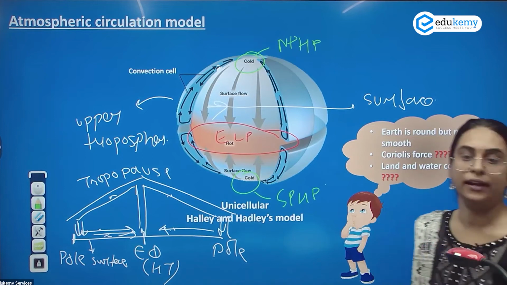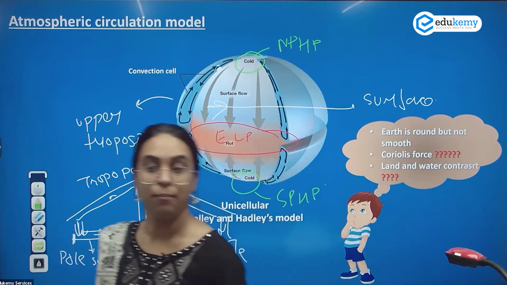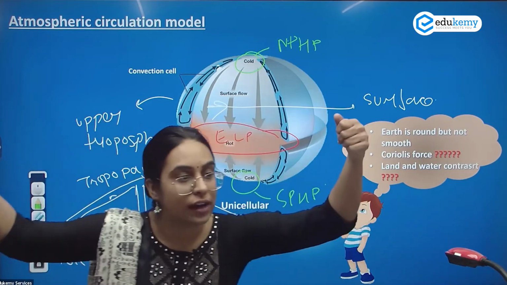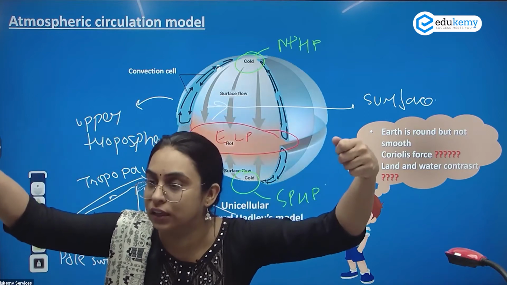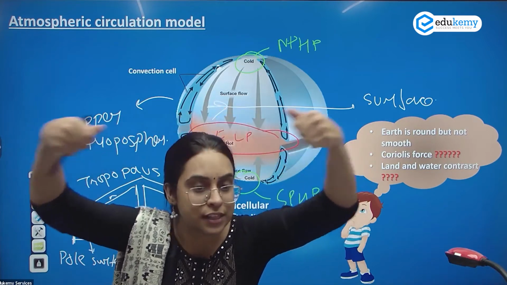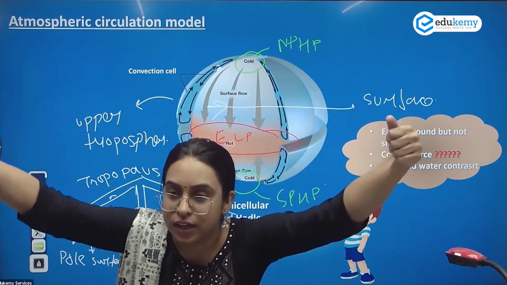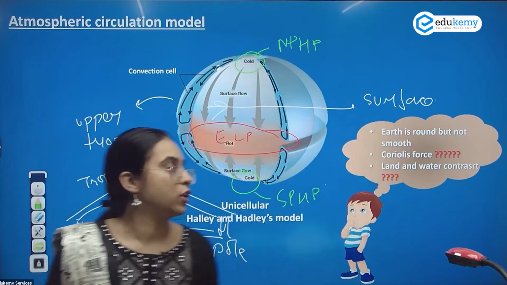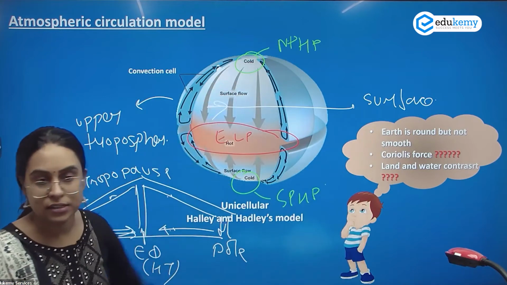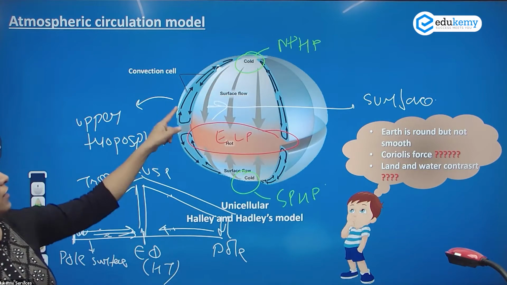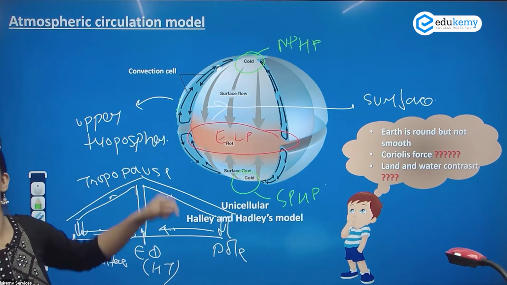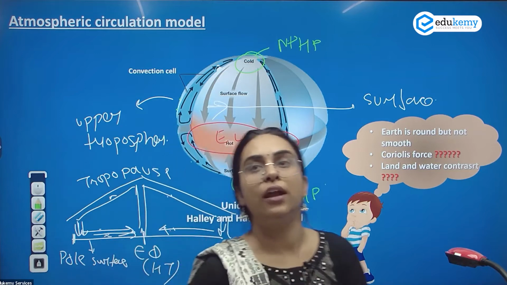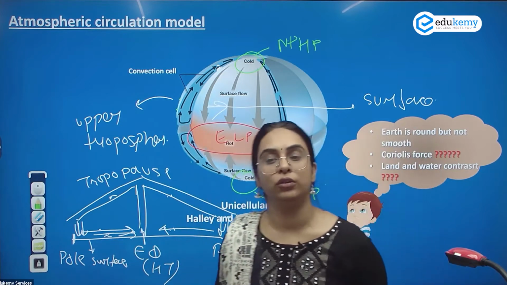Why is a belt forming? Because it is a homogeneous earth, so there is no land-water difference, so a complete belt will form. Right? So there is a belt. You have 3 pressure belts. You have 1 cell per hemisphere. Right? So there I will make you write everything. So there were 2 assumptions.